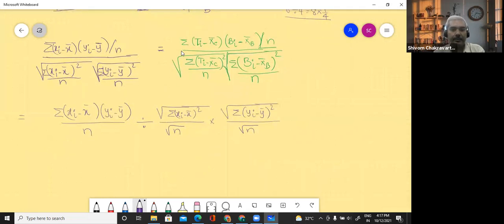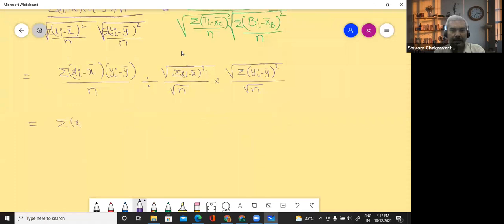So this is summation of xi minus x bar, yi minus y bar, divided by n multiplied by n, or we can combine these two root n and just write n.